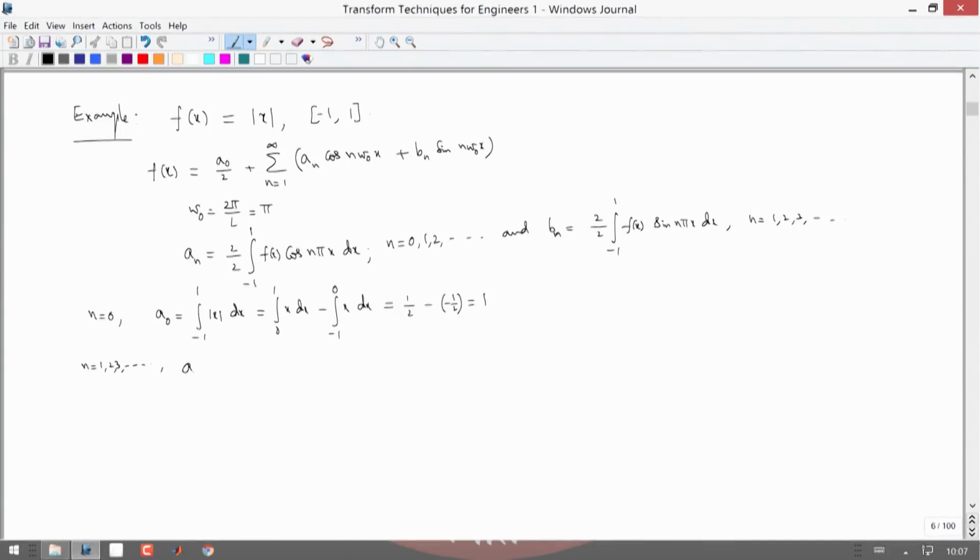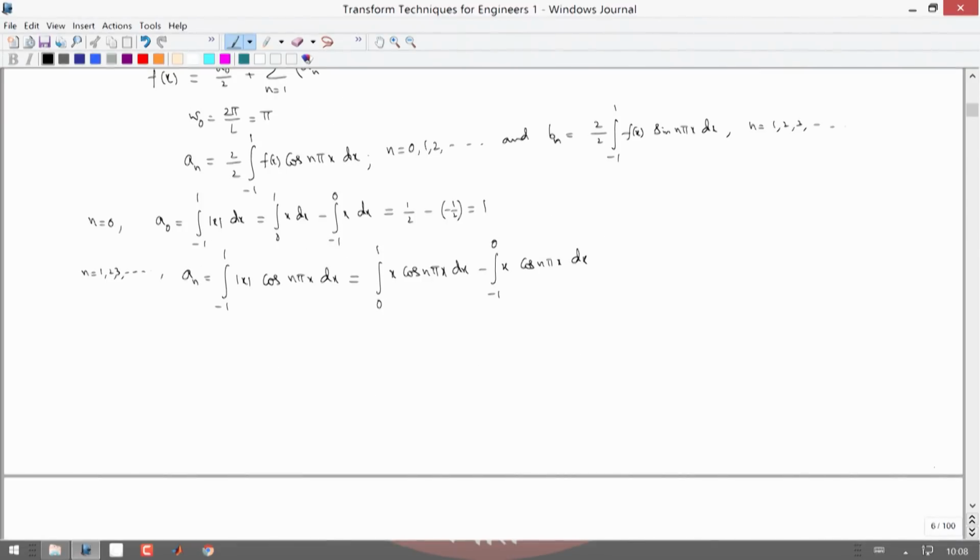You have this a n, we can calculate the same way. So, we have -1 to 1, f x is mod x cos n pi x dx. Again you can expand this: mod x from 0 to 1 x cos n pi x dx minus -1 to 0 x cos n pi x dx. So, do the simple integration by parts.